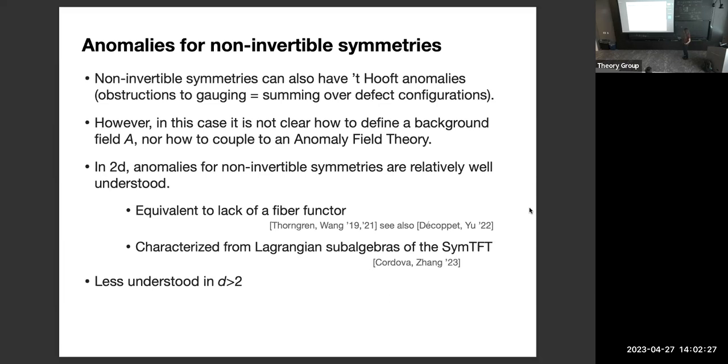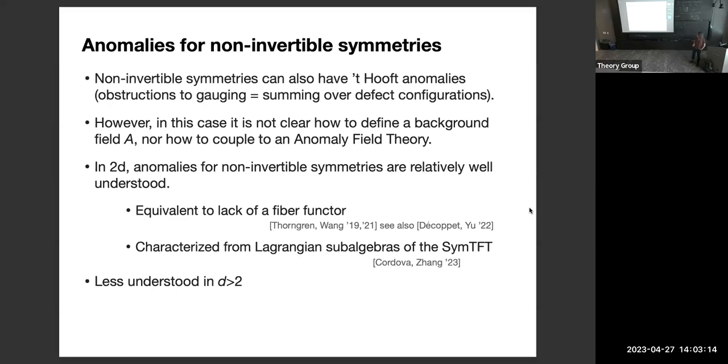And then more recently, Clay and others in the room have characterized the existence of an anomaly in 2 dimensions with, again, a full if and only if statement, using also this object that I'll introduce on the next slides, the Symmetry TFT, from studying basically Lagrangian subalgebras of the Symmetry TFT.